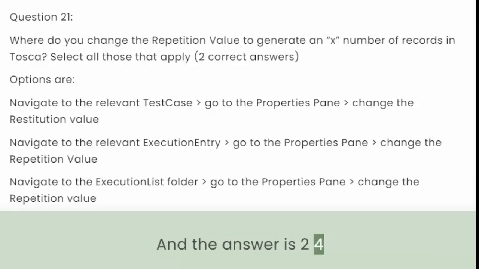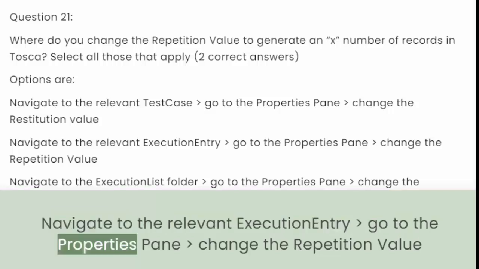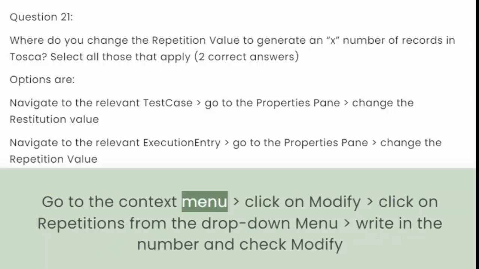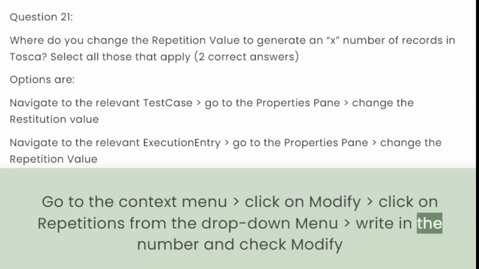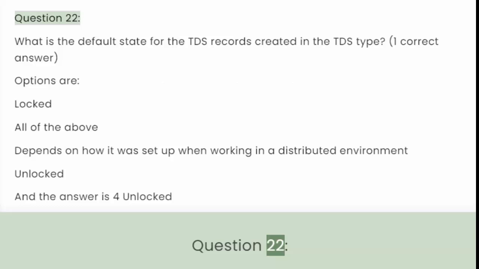And the answer is 2 to 4. Navigate to the relevant execution entry, go to the Properties pane, change the repetition value. Go to the context menu, click on Modify, click on Repetitions from the drop-down menu, write in the number and check Modify All.